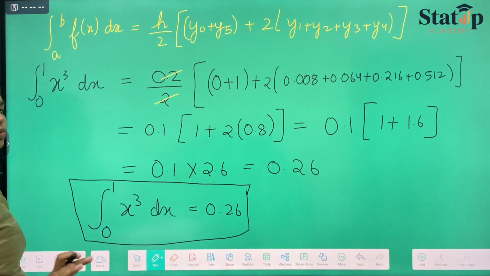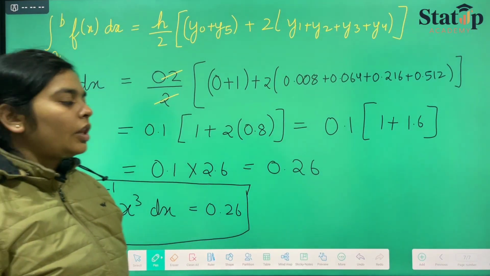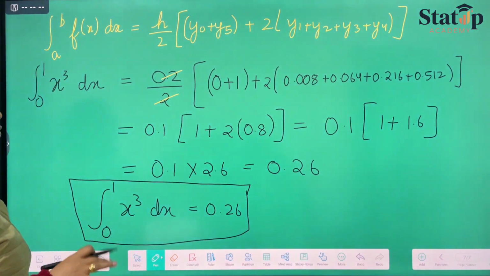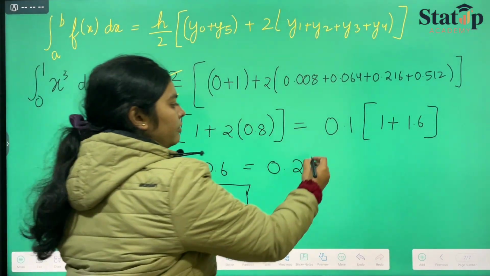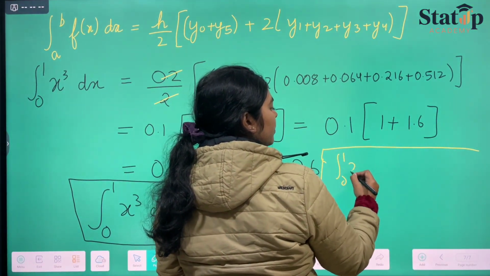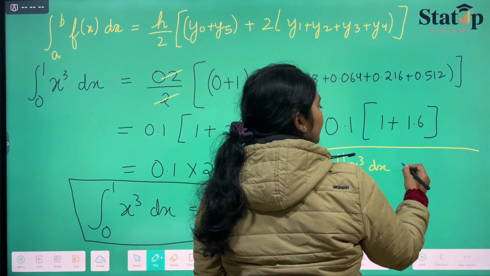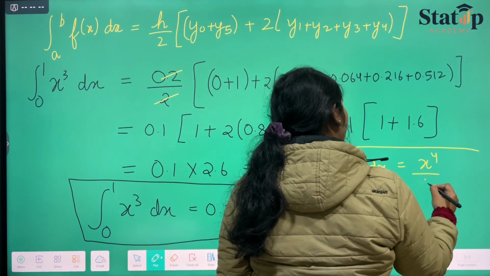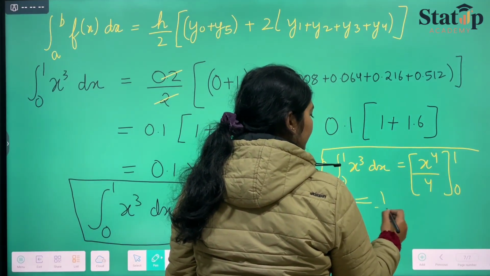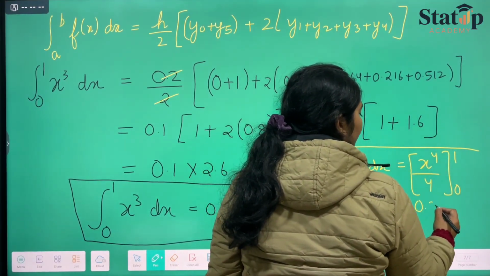And since these rules contain errors, if in the examination you think that you will just solve it by integration, integration from 0 to 1 of x cube dx will be nothing but x raised to the power 4 upon 4 with the limits 0 and 1, which is 1 upon 4, equal to 0.25.